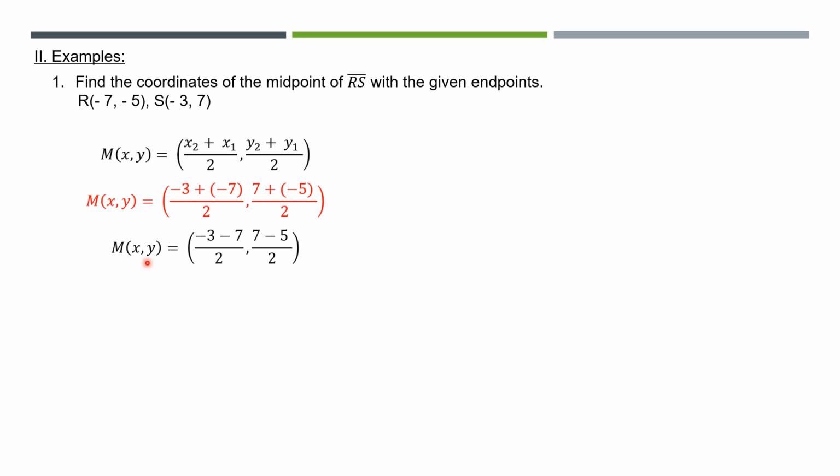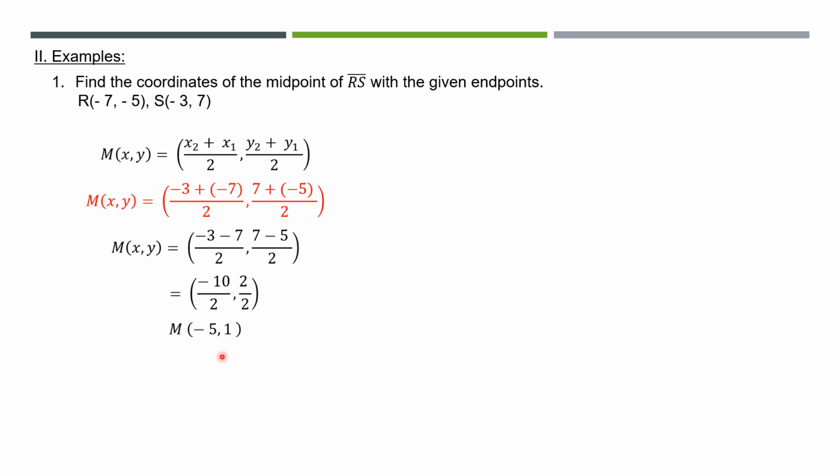M, which is the ordered pair x, y, would be equal to the average -3 minus 7 over 2 and the average 7 minus 5 over 2. Okay. So we get -10 over 2 and 2 over 2. So M, the ordered pair x, y, is equal to -10 over 2 and 2 over 2, but that's reducible.